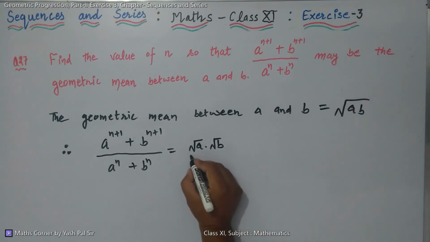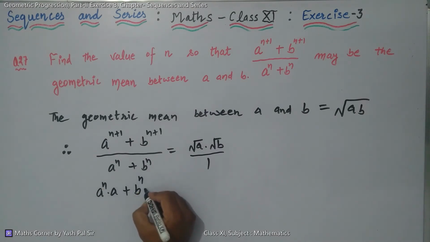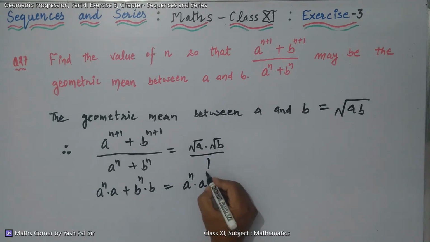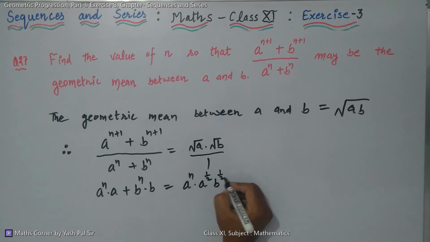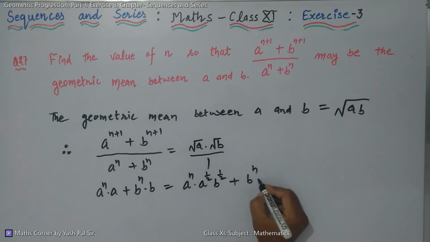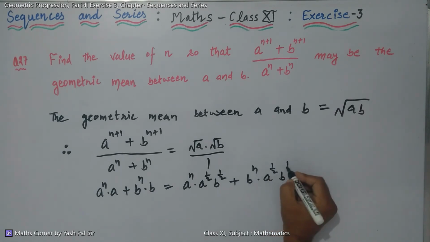Now cross multiplying, this becomes a^n into a plus b^n into b equals a^n into a^(1/2) into b^(1/2) plus b^n into a^(1/2) b^(1/2), right?